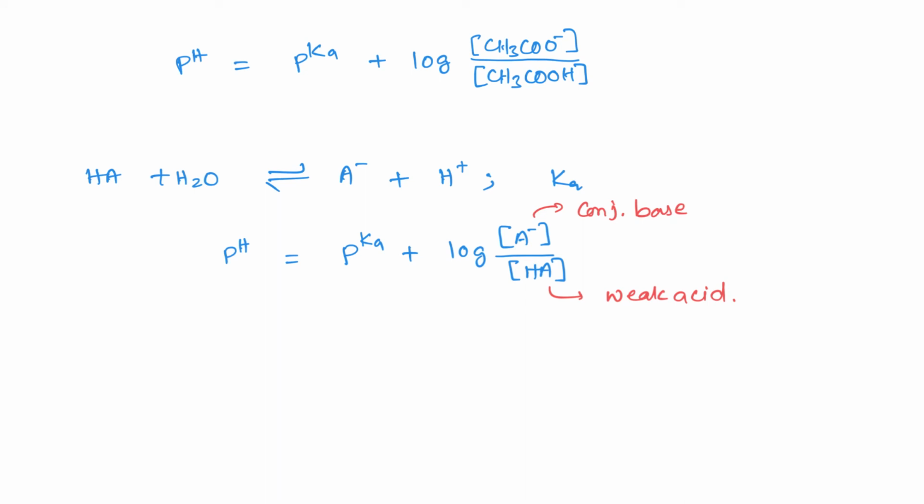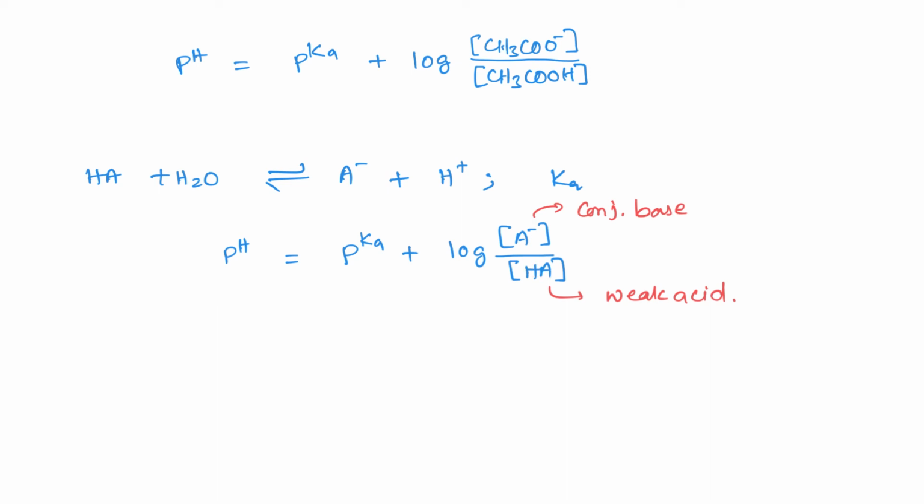For a generic weak acid reacting with water to form its conjugate base and H+, and governed by an equilibrium constant Ka, the pH can be written as pKa plus log concentration of A minus divided by concentration of HA.